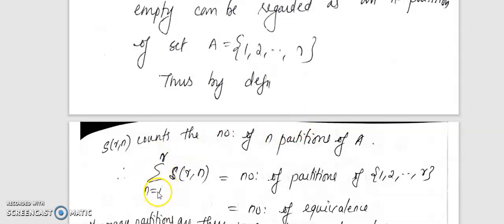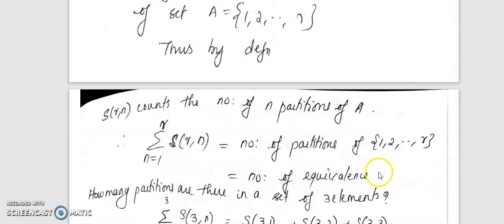So summation n equal to 1 to R of S(R,n) denotes the number of partitions of the set {1, 2, 3, ..., R}. Here we are looking at the 1-partition, 2-partition, up to R-partition. Again, this sum is equivalent to the number of equivalence classes.